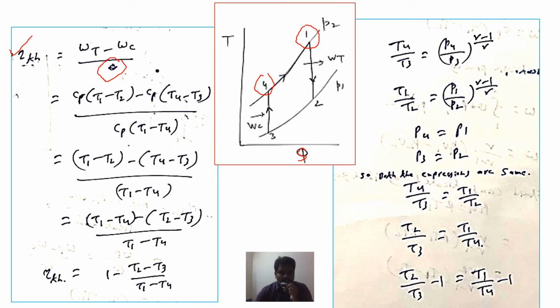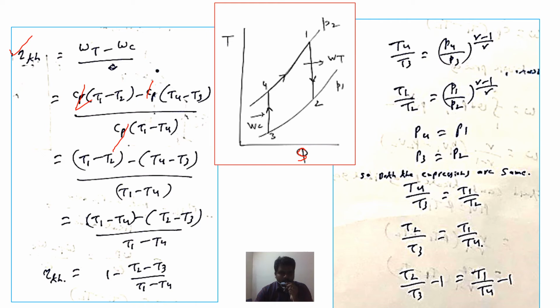Now when we simplify this equation, the Cp gets cancelled. We have T1 minus T2 minus T4 minus T3, divided by T1 minus T4.